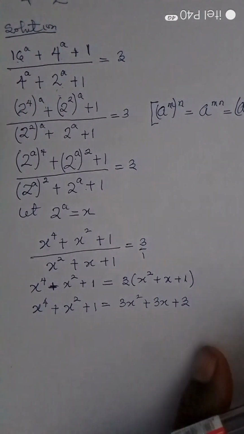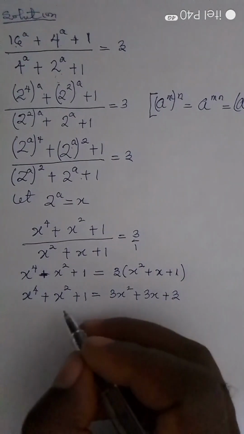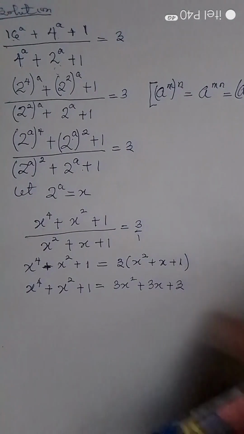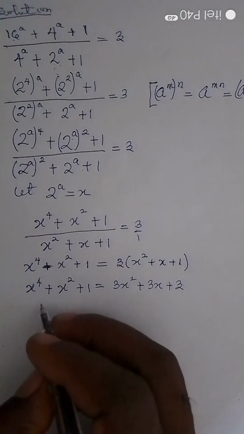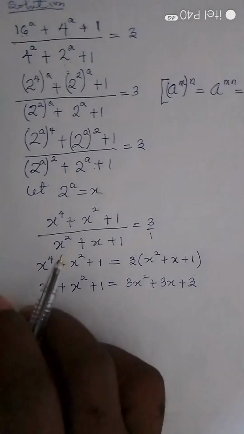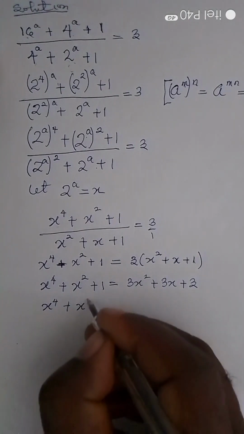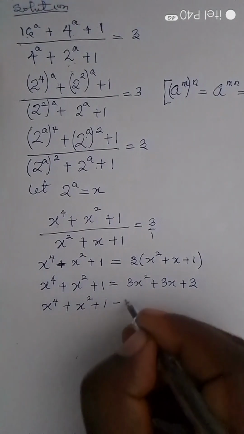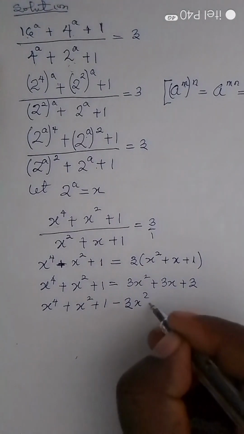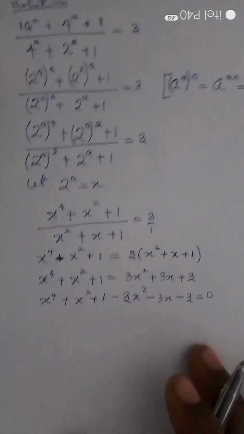Now we collect all terms so that we have an equation of degree 4. So we have x to the power of 4 plus x squared plus 1 minus 3x squared minus 3x minus 3 equal to 0.